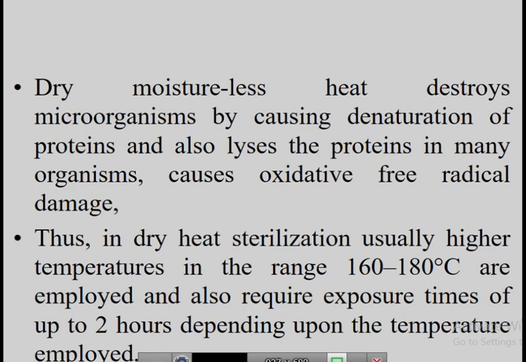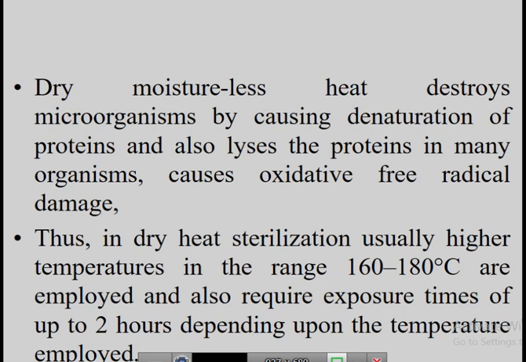So ultimately the effect of moist heat as well as dry heat is on the proteins, which are important components of the bacterial cell. Here the temperature used is very high compared to moist heat sterilization. The temperature used is around 160 to 180 degrees Celsius, and the time required is up to 2 hours.